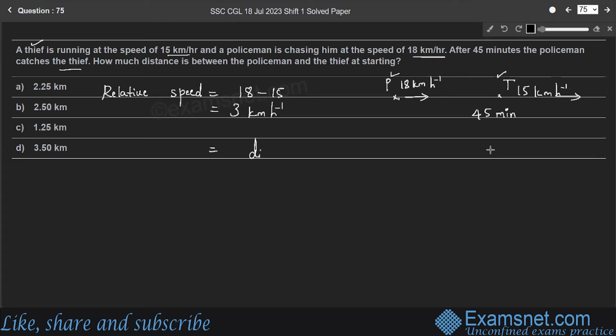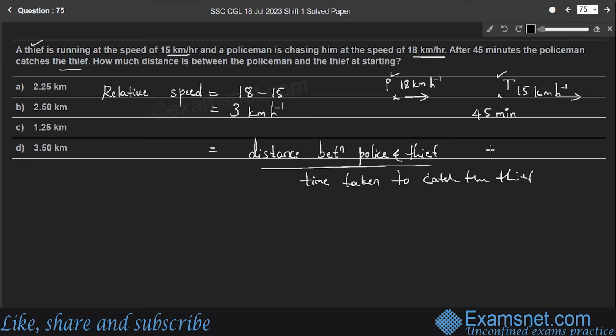So it is equal to the distance between police and thief divided by the time taken by the policeman to catch the thief.